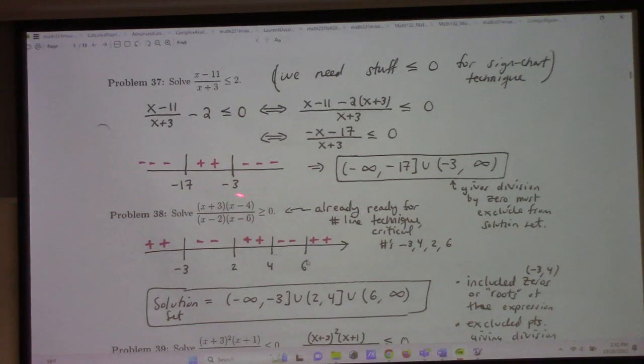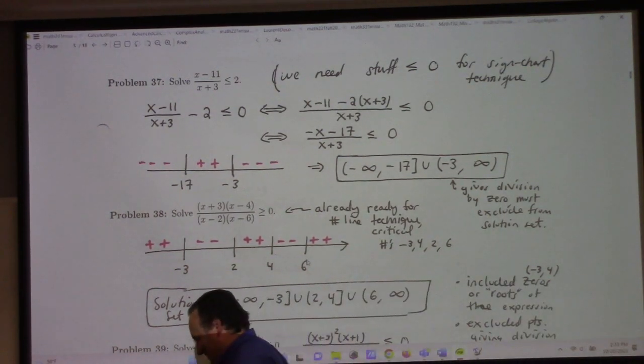Because there's a minus 3 here, minus 3 is going to be part of the story over here. Now minus 17 is included because it makes the numerator 0, whereas minus 3 is excluded because it would give us division by 0. So negative 17 minus 17 is 0. Right, because double negative makes it positive. Right. Okay, I get it.